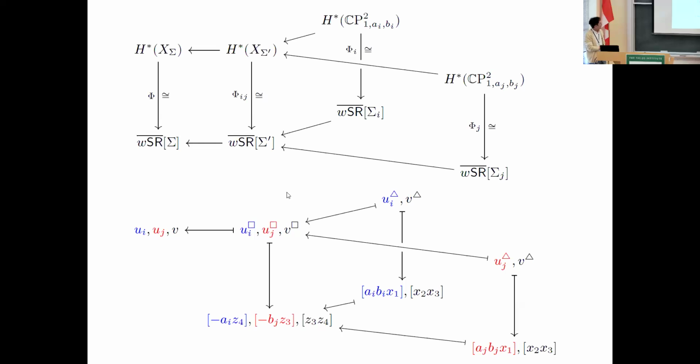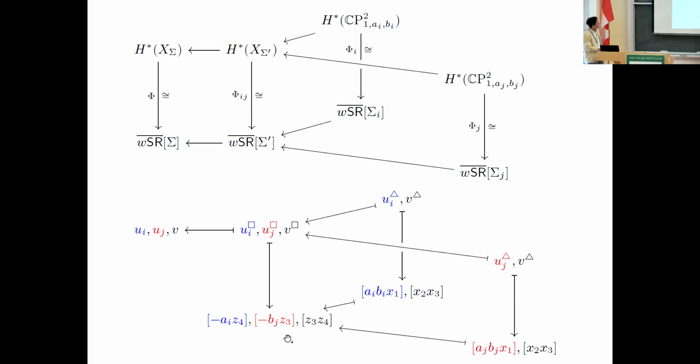Now I have some association like this, because I have a Stanley-Reisner presentation for this element and for this element. According to my technical lemma on how the weighted Stanley-Reisner element maps to the other presentation of the weighted Stanley-Reisner ring, just applying that lemma gives me an element like this.